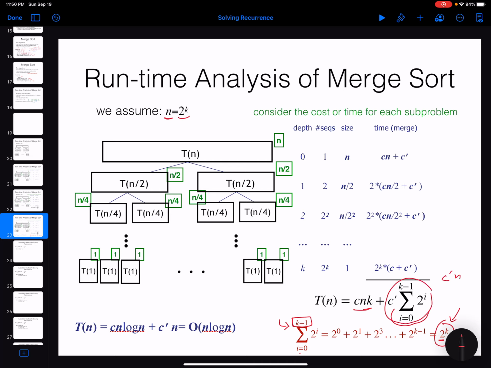So I can simplify it as 2 to the power of k multiplied by some c prime plus k cn. 2 to the power of k is going to be equal to n, right? So this part is going to be c prime n, and this part is going to be cn log n, where log n is equal to k.